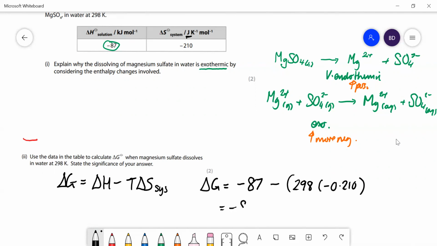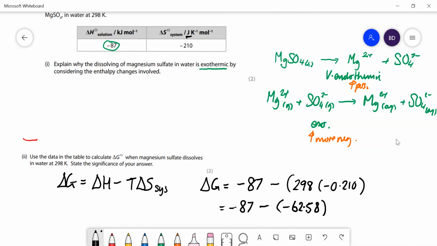So that's minus 87, minus 298 times 0.21, which is 62.58. Right, so that's going to be equal to plus, isn't it?